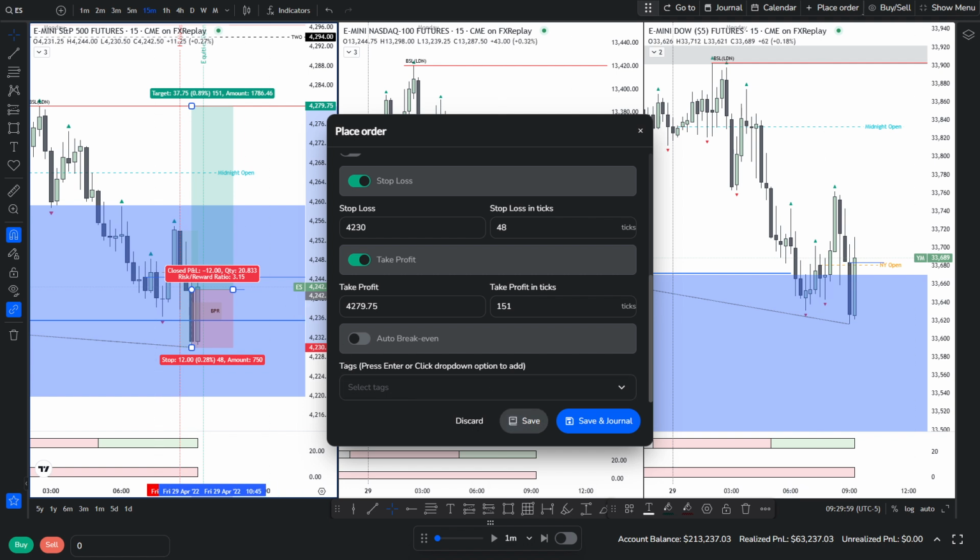So I just want to double check that we are meeting our criteria. So that's obviously the Asian range low. Obviously we've taken out short-term liquidity. We've traded into, we've taken a key liquidity pool. Got the M15 liquidity pool there. Okay.